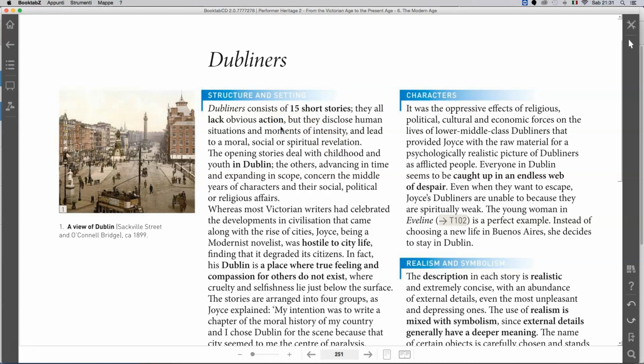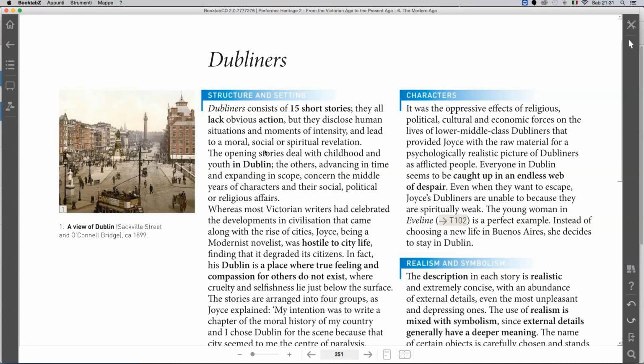They are characterized by the absence of action, and some human situations are displayed, and all these stories lead to a kind of moral, social, or spiritual revelation at the end of each story.